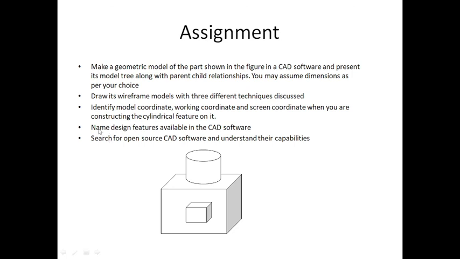Then name the design features available in the CAD software: when you are creating this, what kind of design feature you used. Then search for open source CAD software and understand their capabilities. This is an assignment for you to do yourself.